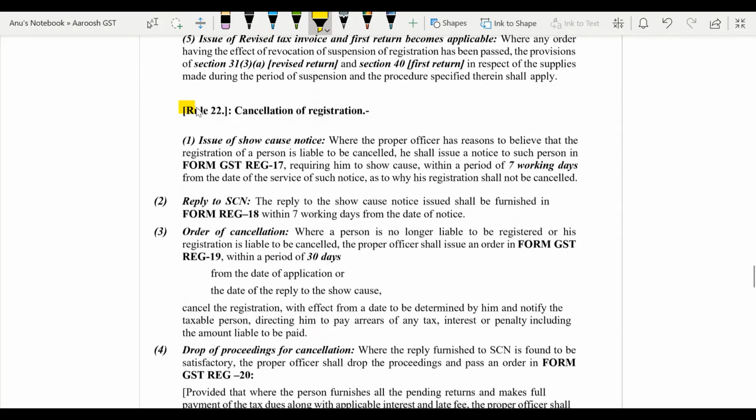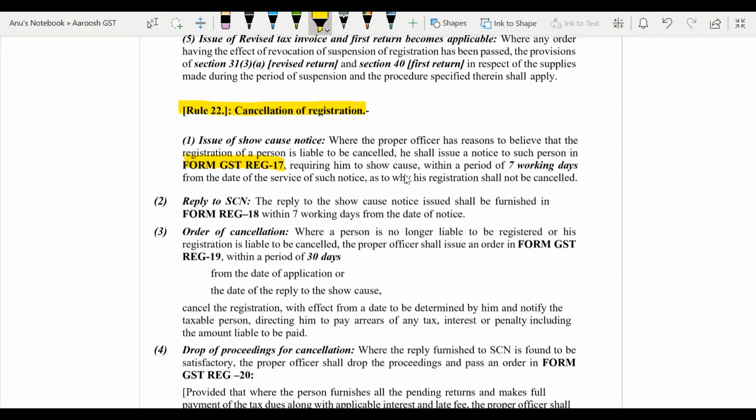Right. Now, Rule 22, cancellation of registration. 1. Issue of show cause notice. Where the proper officer has reasons to believe that the registration of a person is liable to be cancelled, he shall issue a notice to such person in Form GST Reg 17 requiring him to show cause within a period of 7 working days from the date of service of such notice as to why his registration shall not be cancelled.